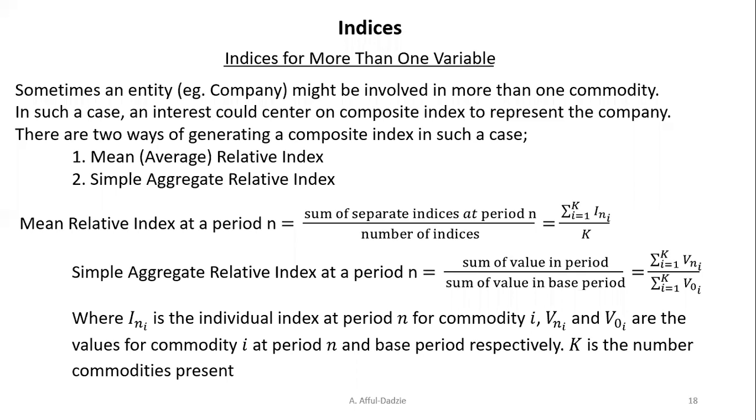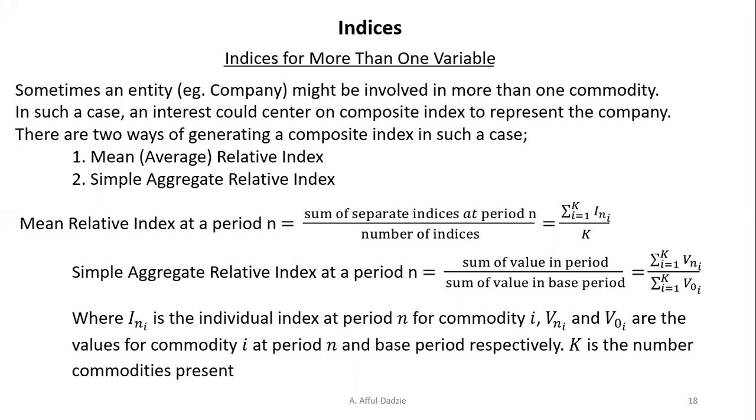We saw how we computed index numbers, and we've gotten to the point where we are interested in lumping up, or computing the index number for, a group of commodities or more than one commodity.